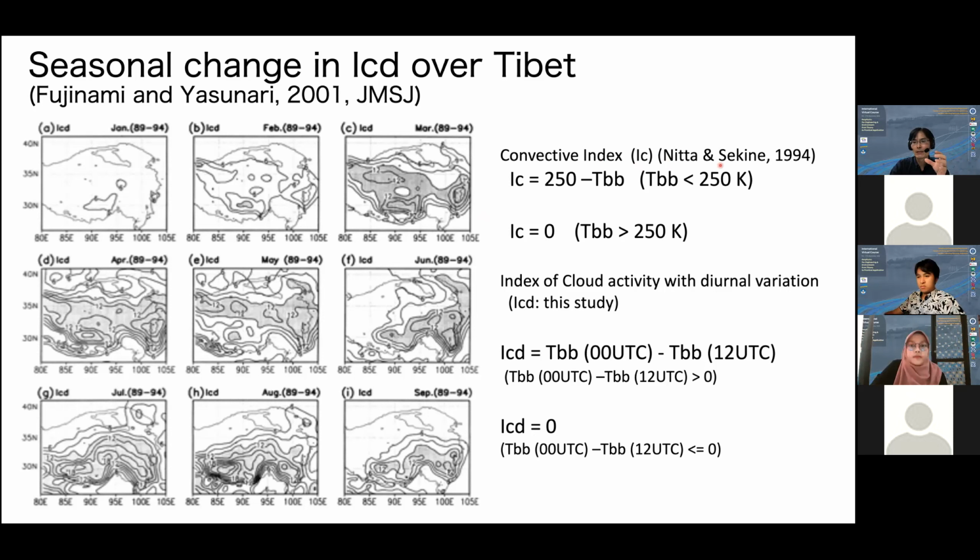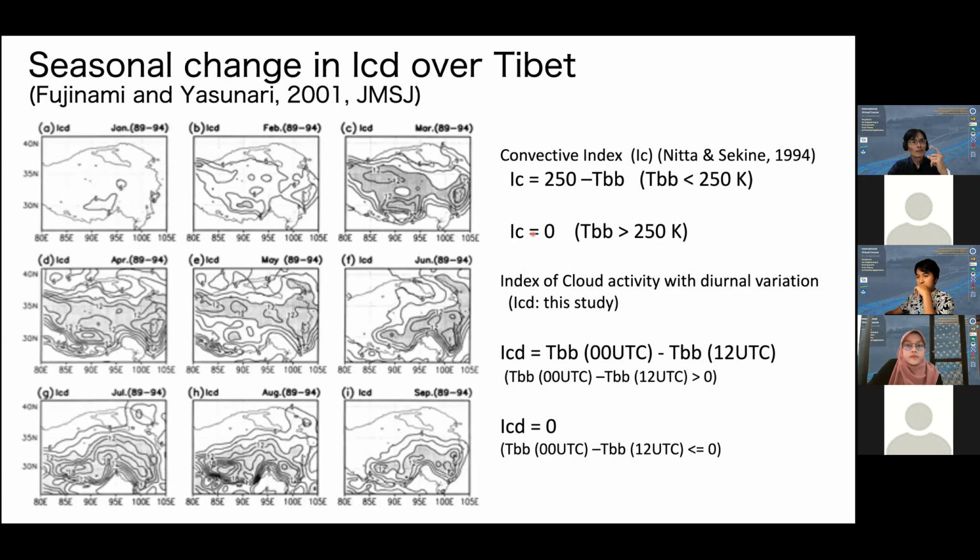If the brightness temperature is less than 250 kelvins, this is a detection of convection. In that case IC is 250 minus TBB, so the depth of the convection also accounts for the activity. And for more than 250 kelvins, IC is 0.